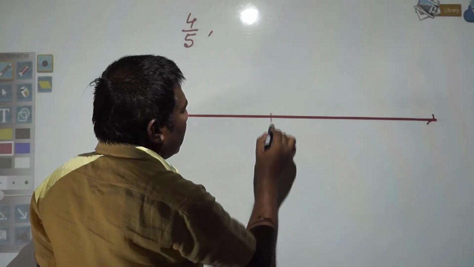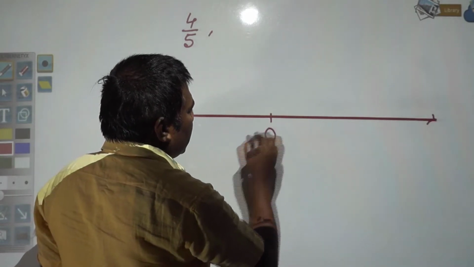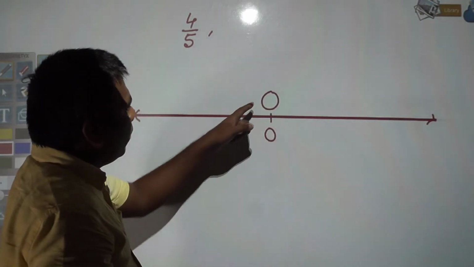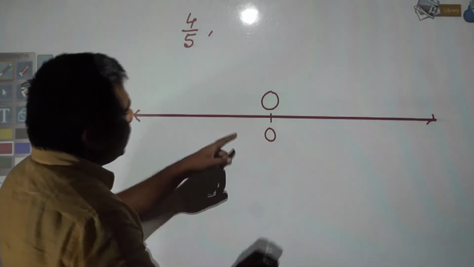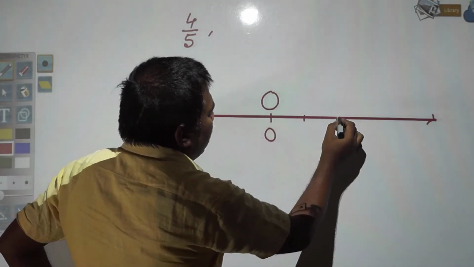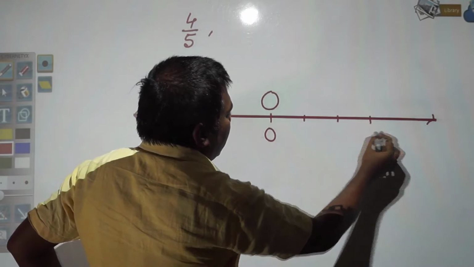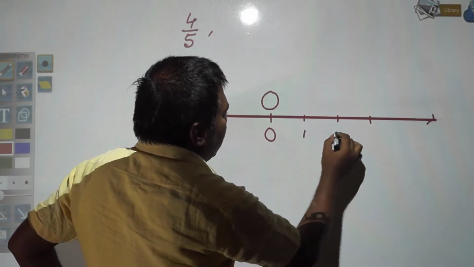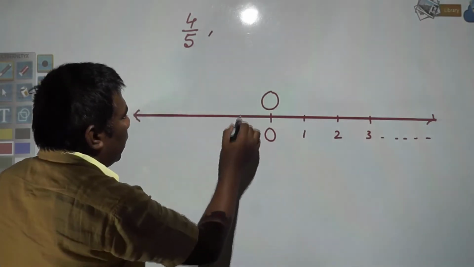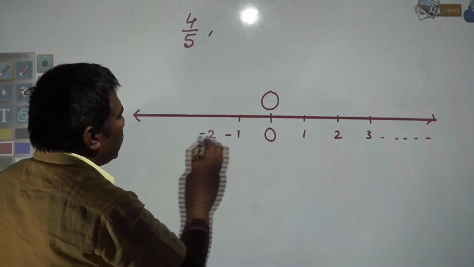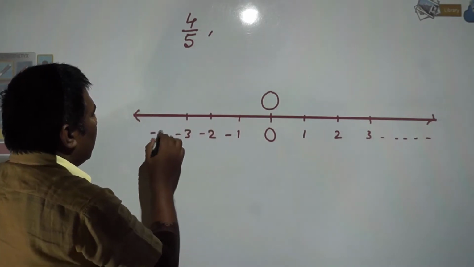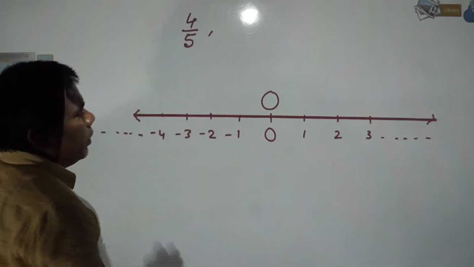Fix a point. Suppose this starts with 0. Name it O, A, B, whatever name you want to give. Now you see this 1, 2, 3 like that. You can write 1, 2, 3 positive integers in this way, and -1, -2, -3, -4, in this way you can write negative integers.